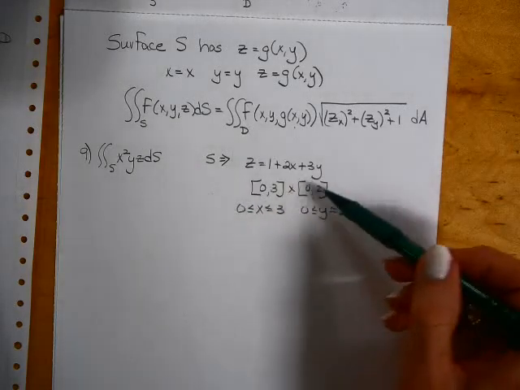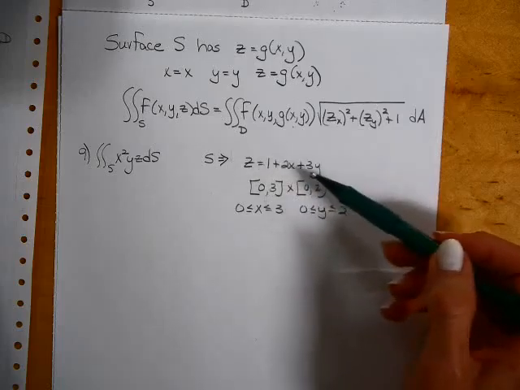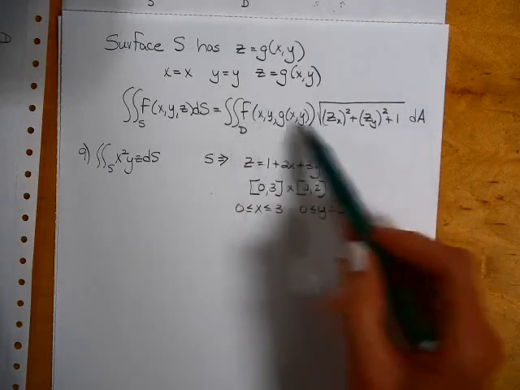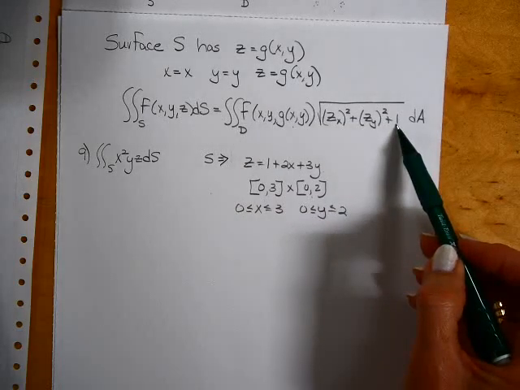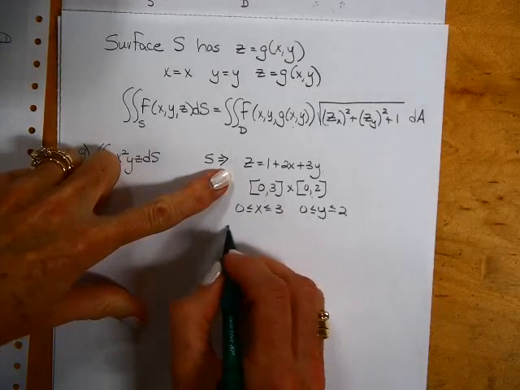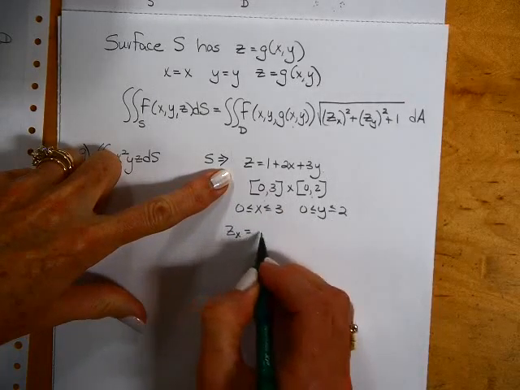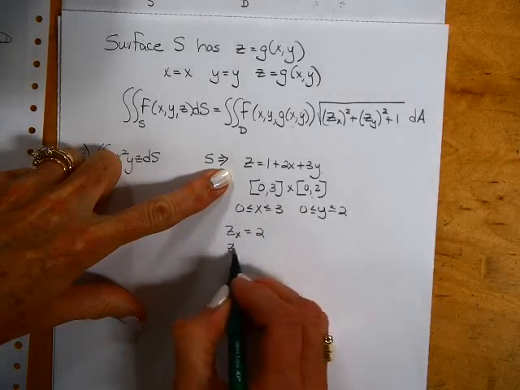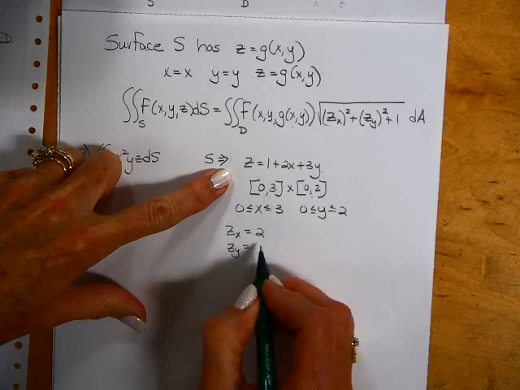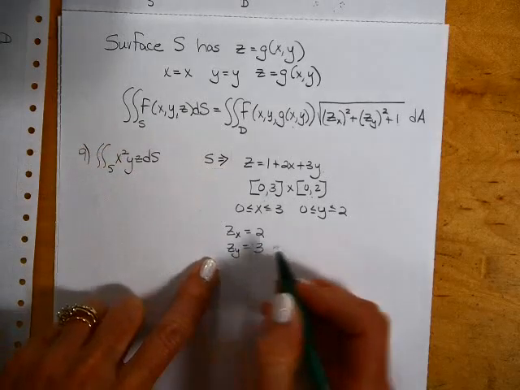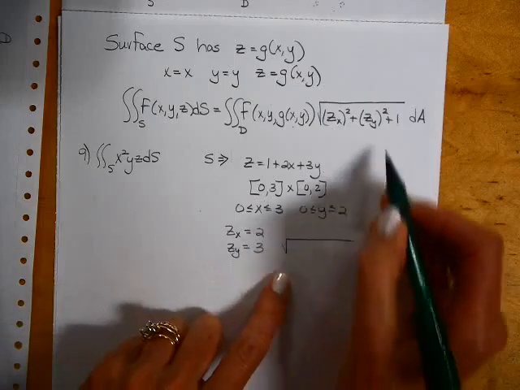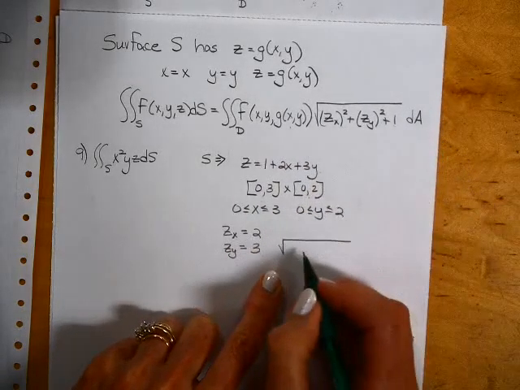All right, so when your surface is written as a function of x and y, like this is, then you would use this one. So you need the partial of z with respect to x, which is 2, the partial of z with respect to y, which is 3, and then you need the square root, this part right here.